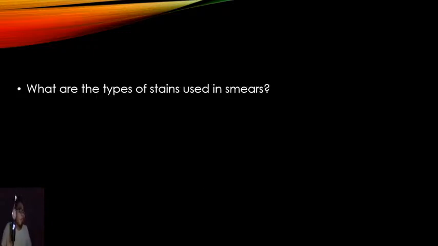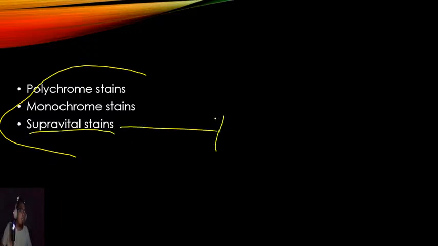Next, what are the types of stains used in smearing? Well, we have several. We have polychrome stains, monochrome stains, and supravital stains. So those are three types. Can anybody give me an example of a supravital stain that I mentioned yesterday?